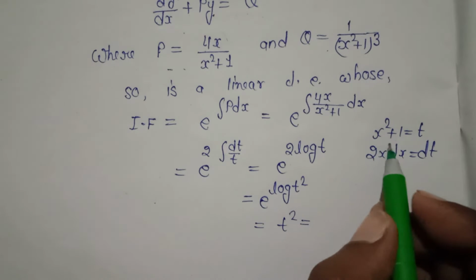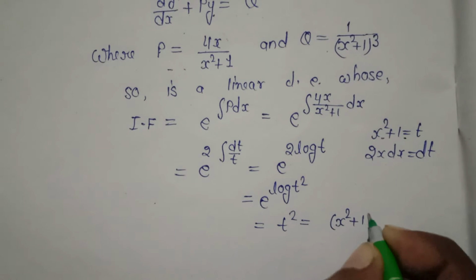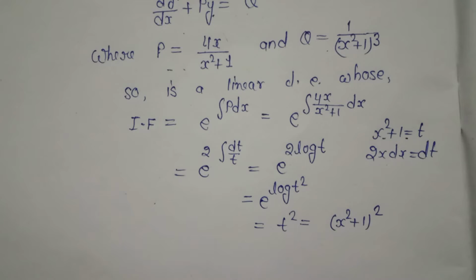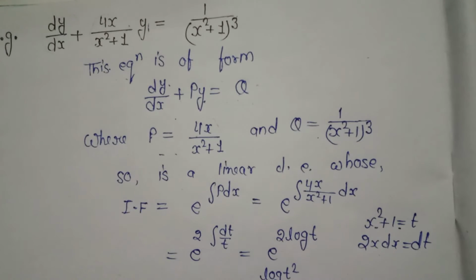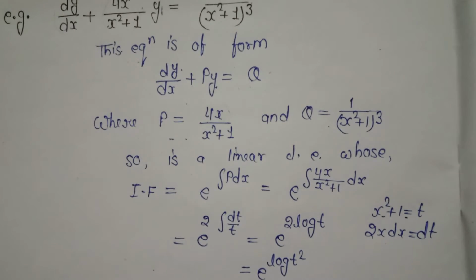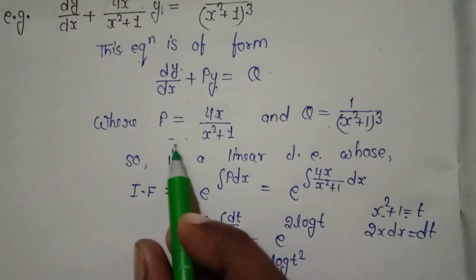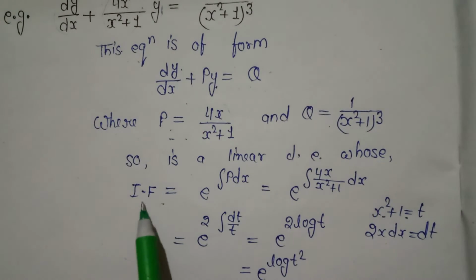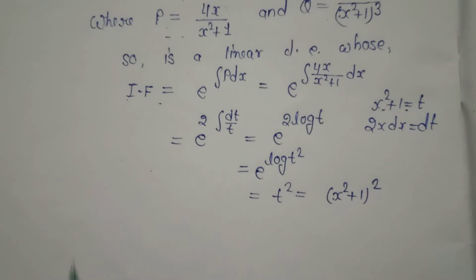And what I was considering as t is x square plus 1. So (x square plus 1) raised to power 2 is the integrating factor for this differential equation. You can see it was so easy to find the integrating factor. I compared the differential equation with the standard form, found the values of p and q, and then I found the integrating factor. Now I am going to write the solution for this differential equation.